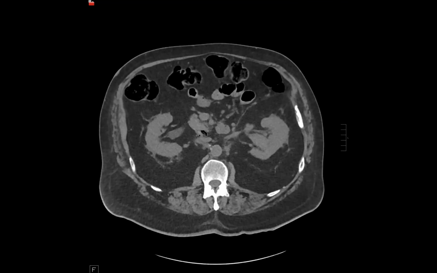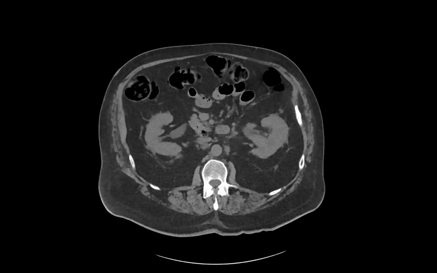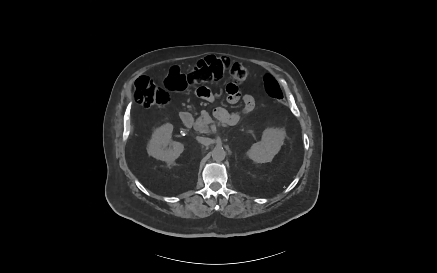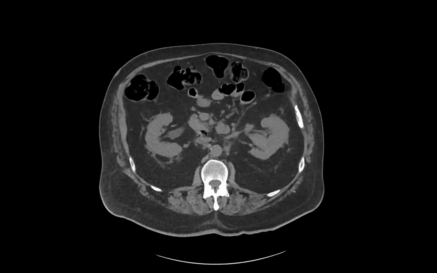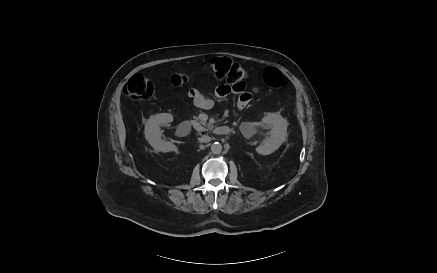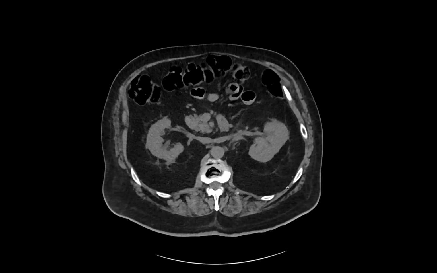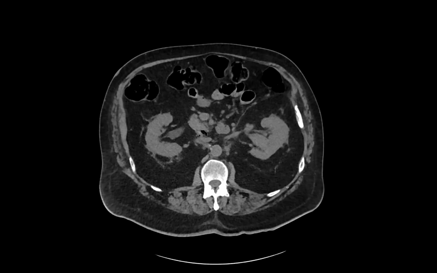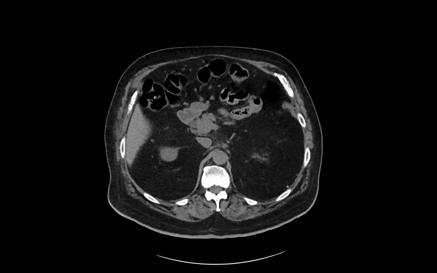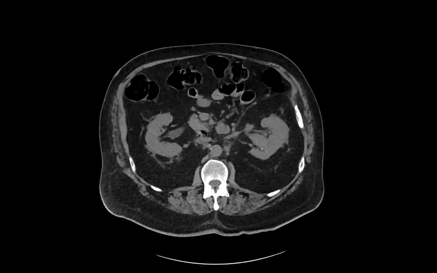I thought this was a really good pickup. There's this isodense, hyperdense, primarily isodense finding in the upper posterior calyx right there.